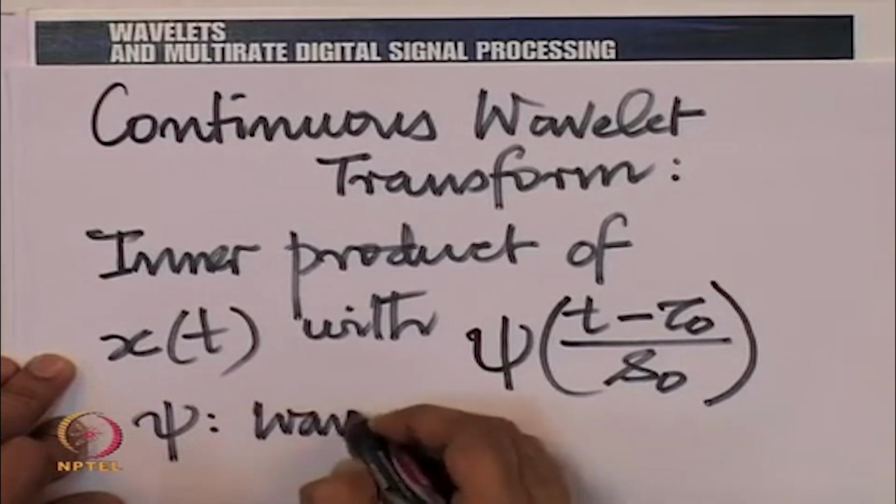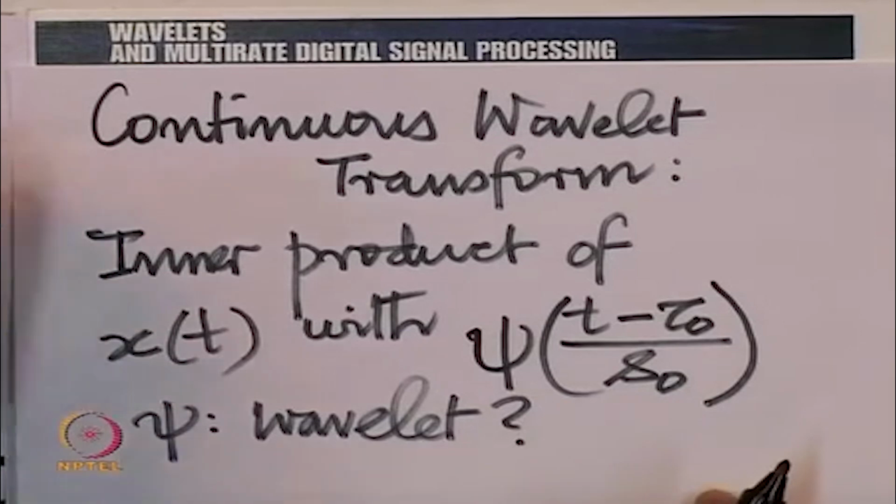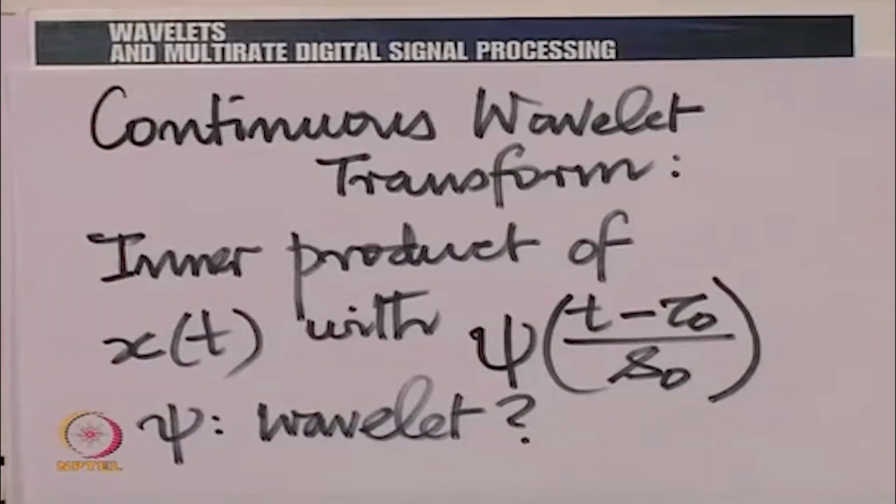Now, what on earth do we mean by that? What in general is a wavelet? In fact, we shall indirectly postpone the answer to that question for a while until we complete this discussion on the continuous wavelet transform. So, what qualifies as a wavelet is a question that we need to answer.